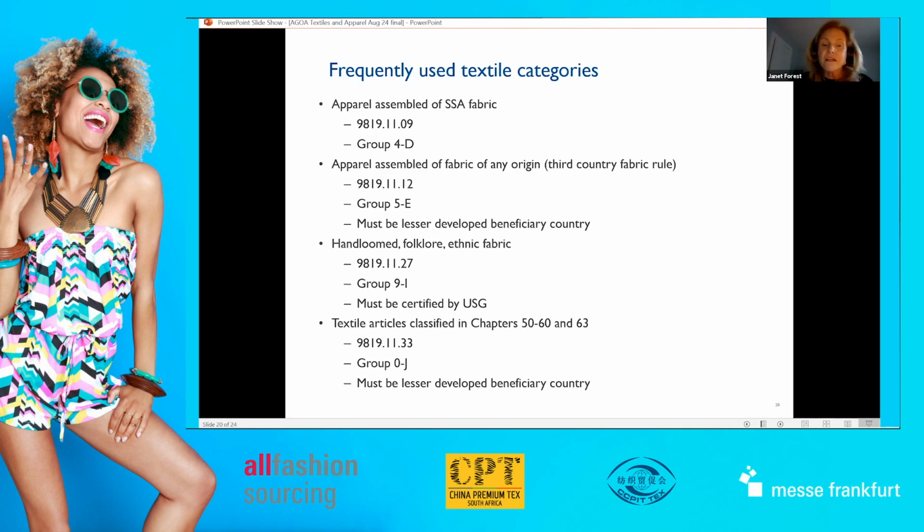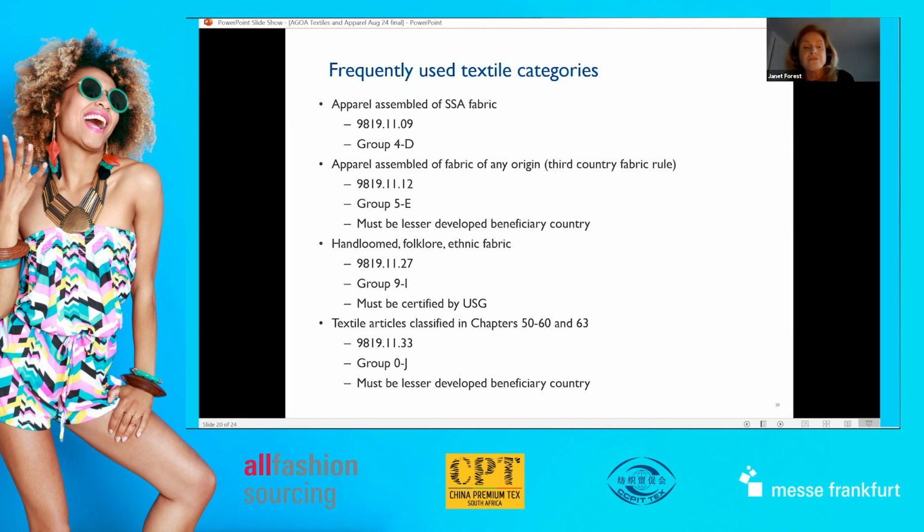The final is the textile articles, miscellaneous textile articles from all throughout chapters 50 to 60, and then chapter 63. And chapter 63 is usually referred to as the home goods chapter. And this is where tablecloths, bed linens, placemats, all of those kinds of things fall under chapter 63.